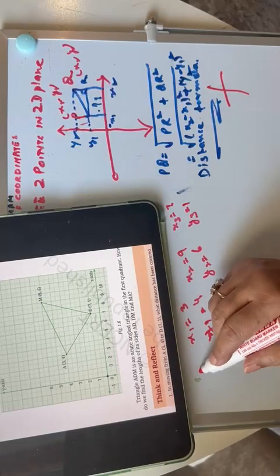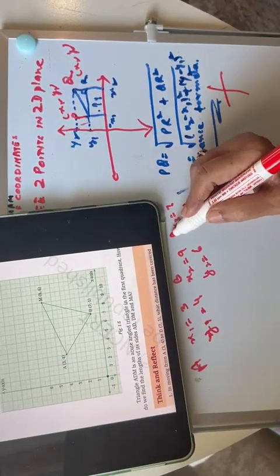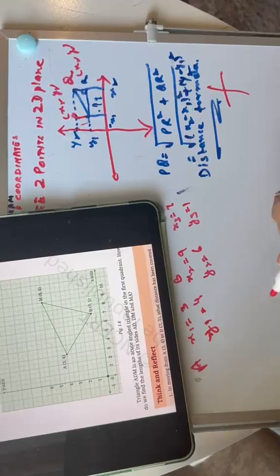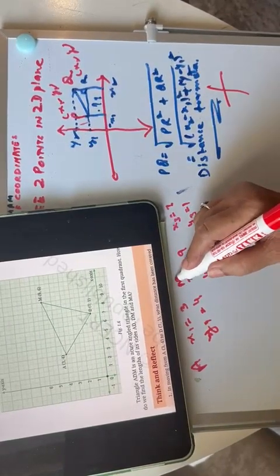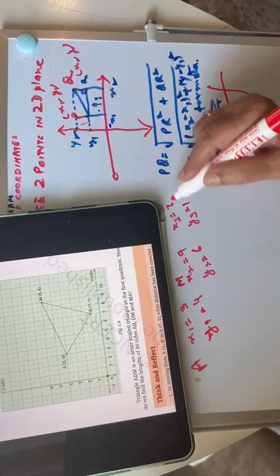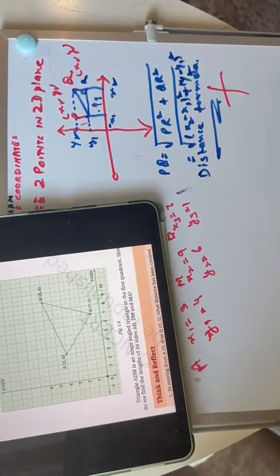Let me take this point as A, this is M as given in the book, and this point is D. This you will find in figure 1.6 in your prescribed book.